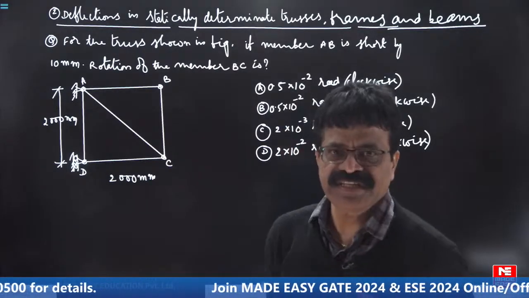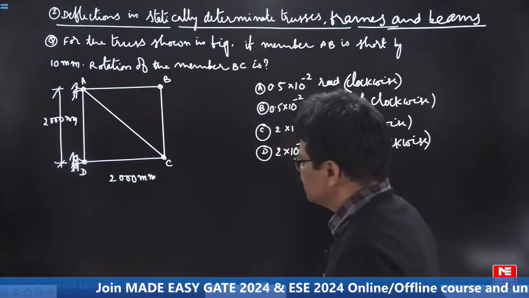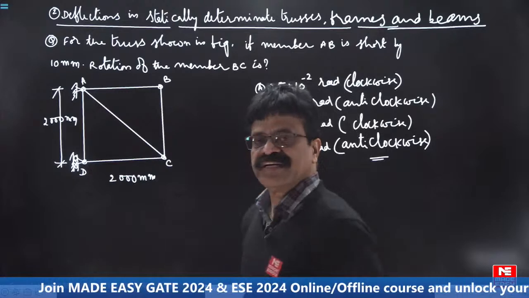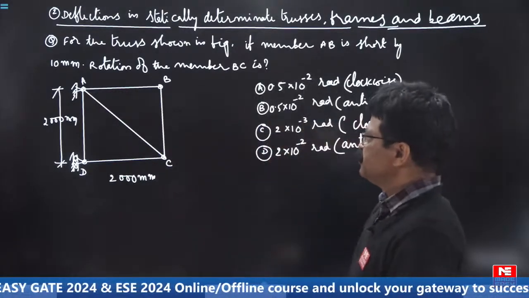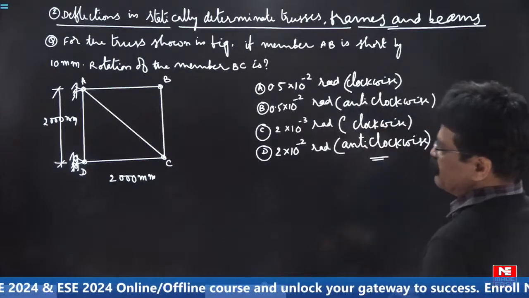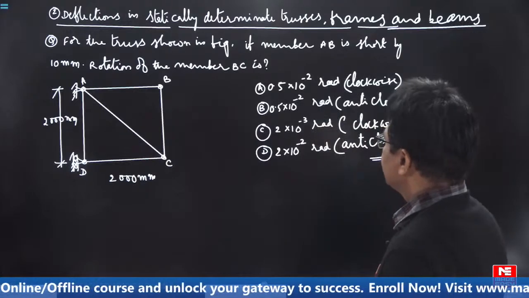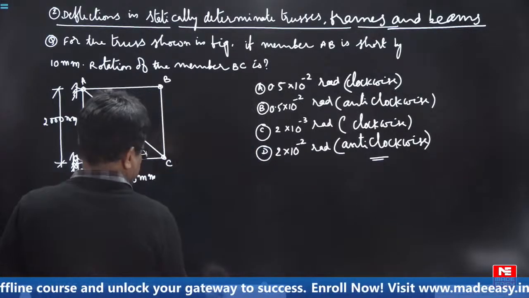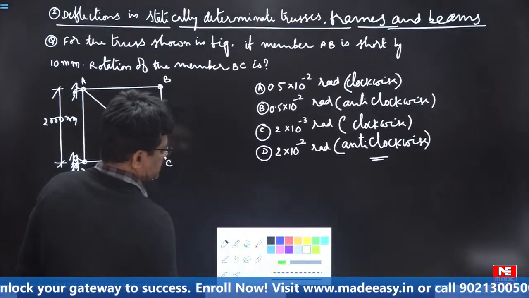Maybe fabrication error: the welders that you asked to cut it, instead of 2000 mm, cut it by 1990 mm, 10 mm short. Now in the process all other members are cut properly, that is the implied meaning. So we have the rotation of the member AB.